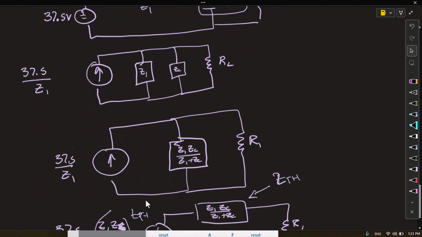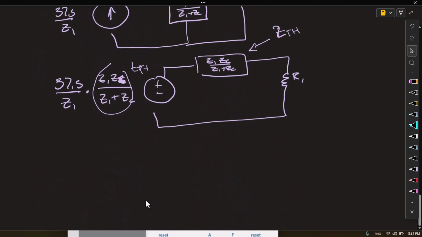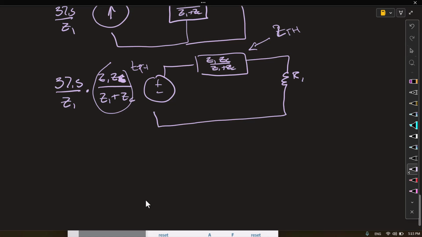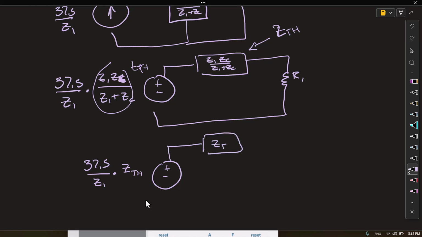And so now I can say this is 37.5 over Z1 times Z Thevenin is my voltage, and Z Thevenin is my resistance, and then this is R load, I have my load.